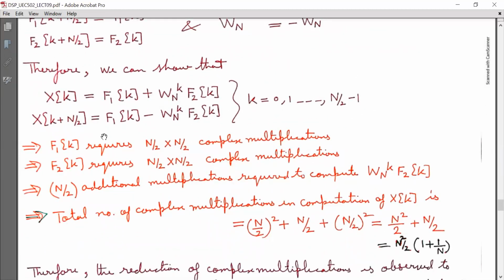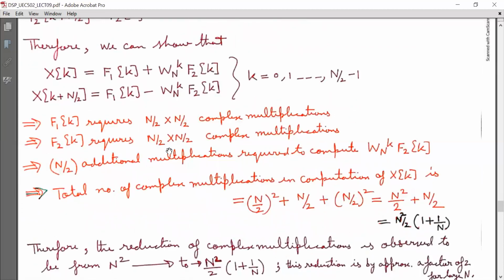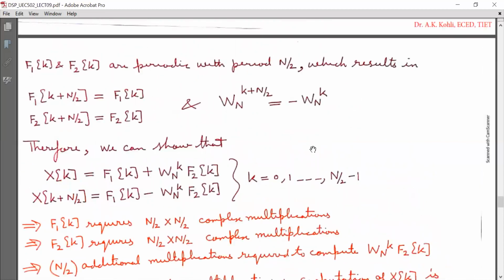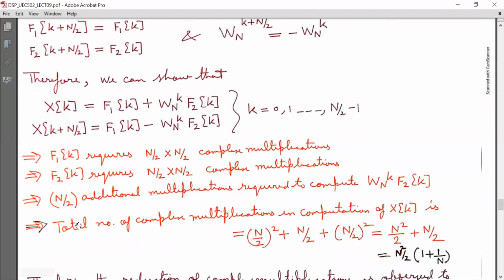Now, looking at the formulas of F1(k), F1(k) requires N/2 into N/2 complex multiplications, F2(k) requires N/2 into N/2 complex multiplications, and N/2 additional multiplications are required to multiply W raised to power k with base N to F2(k). So the total number of complex multiplications in computation of X(k) is N square by 4 plus N/2 into N square by 4.